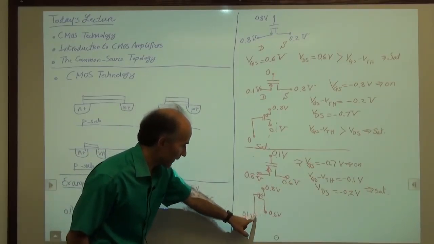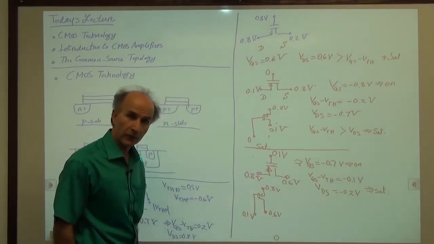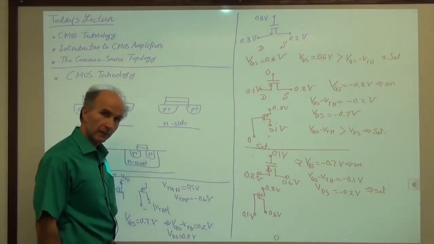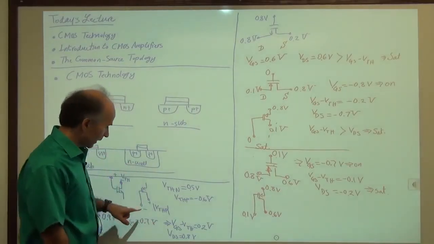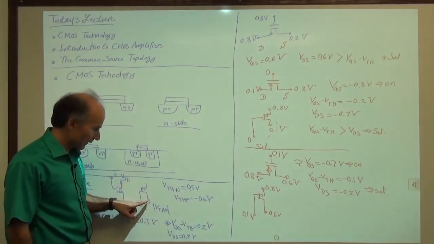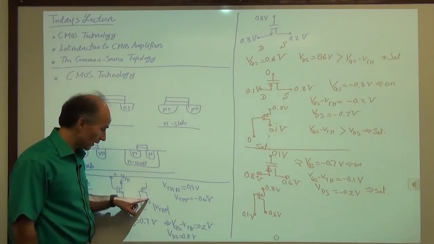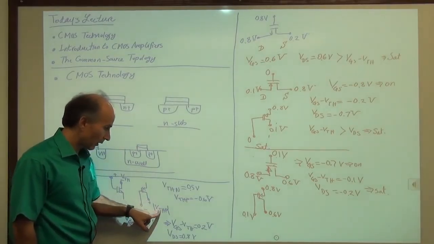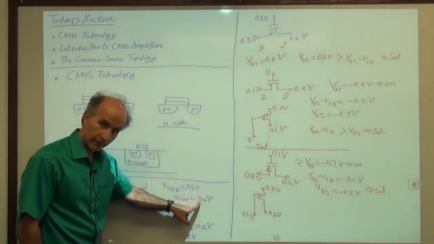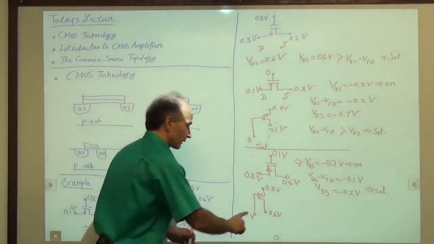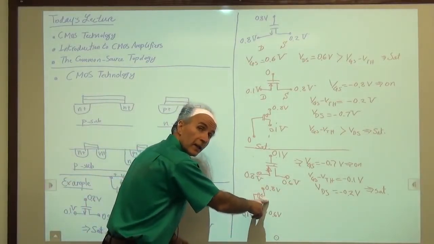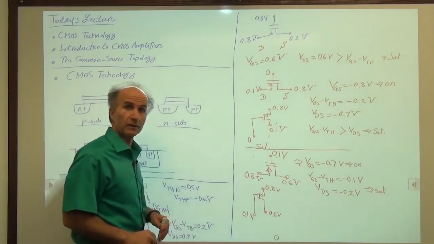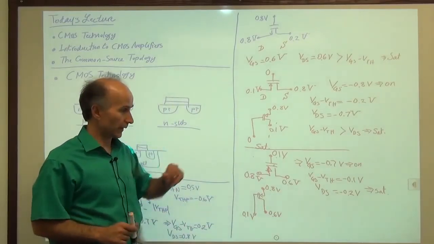So the drain is higher than the gate by 0.5 volts, right? Whereas here, to be on the edge, you would need the drain to be higher than the gate by 0.6 volts. Because the drain is not too high, this device is in saturation. So that's good. It agrees with our equation.